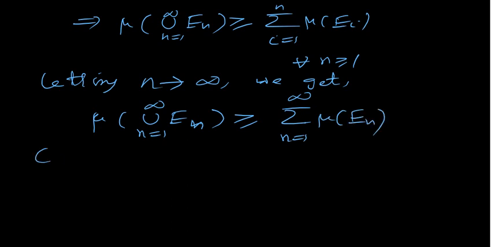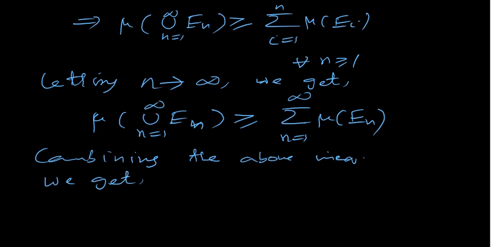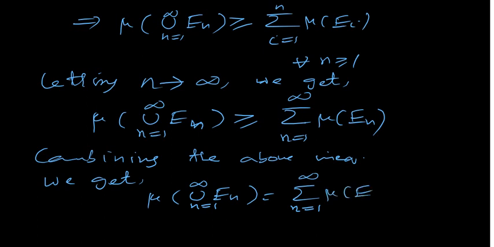So combining the above inequalities, we get mu of union En, n runs from 1 to infinity, is equal to summation n runs from 1 to infinity mu of En. So this proves mu is a measure on lambda.